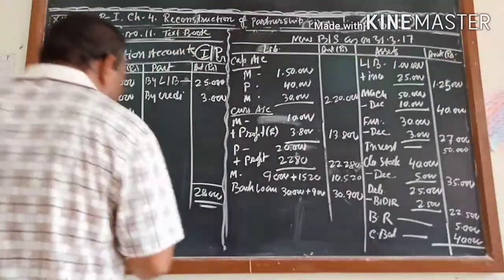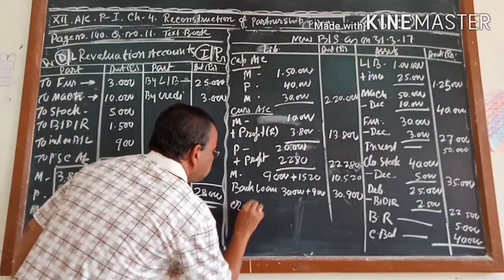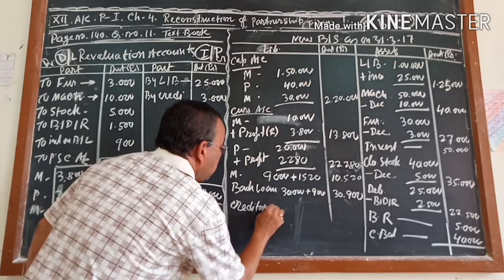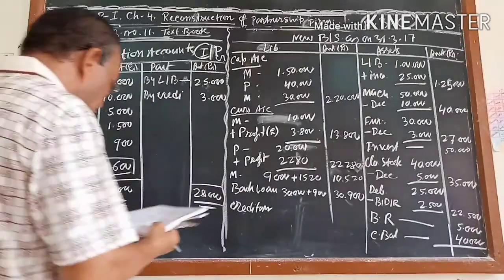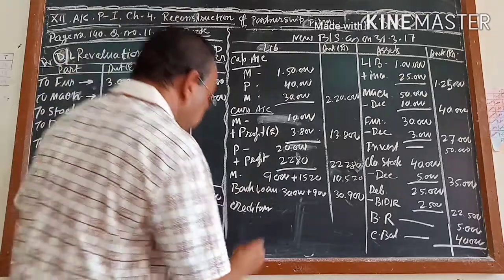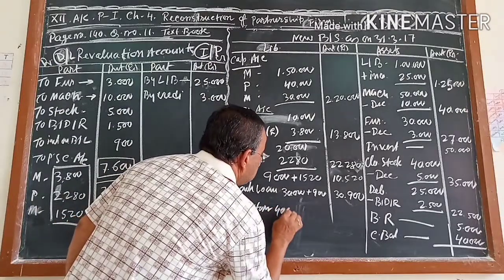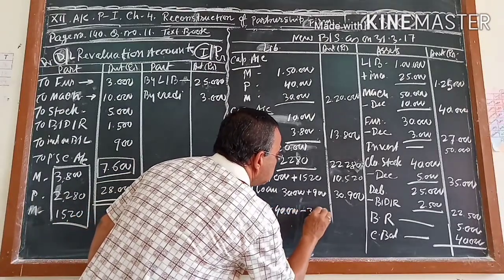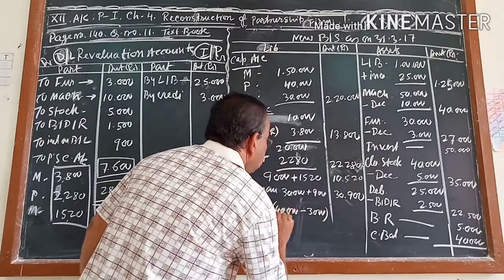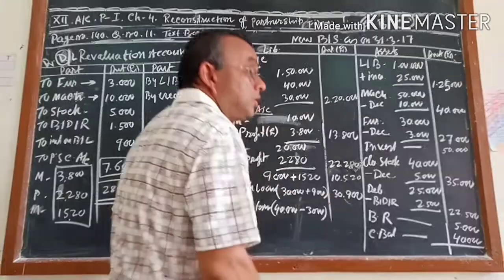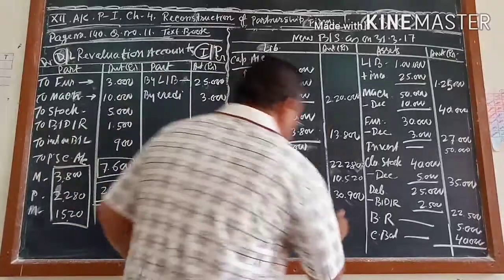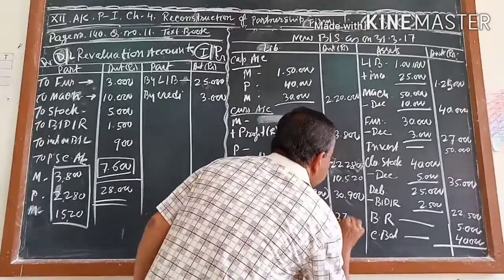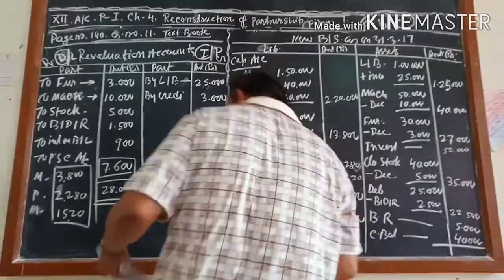Next you are getting creditors. How much was it? 40,000, but you need to pay 3,000. So you have to write 40,000 minus 3,000. Understand? It comes to 37,000. And what is left?